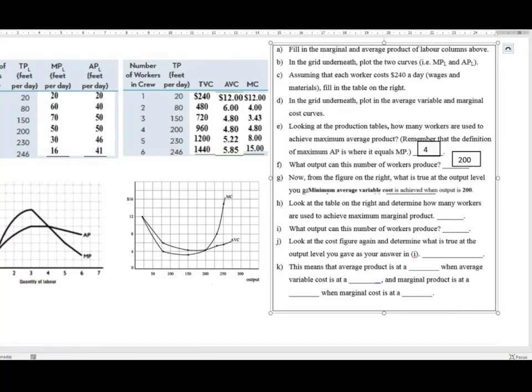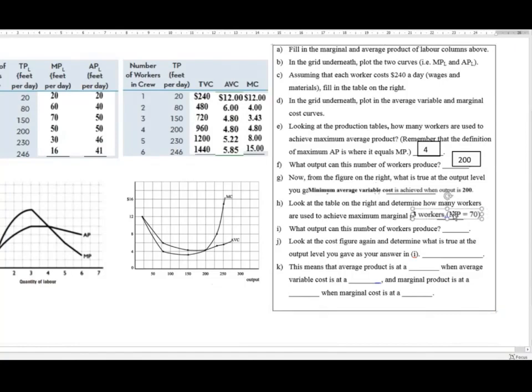Yeah, so well, after 3 workers. And so it kind of begins with the 4th worker or after the 3rd. So the answer is 3 workers, and that's where the marginal product is equal to 70. So diminishing returns kicks in after the 3rd worker in this question.